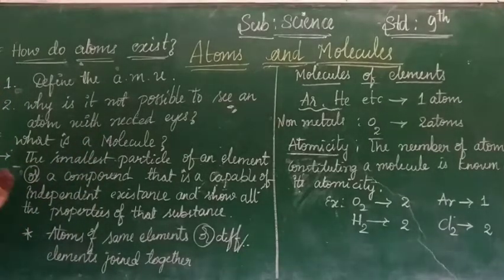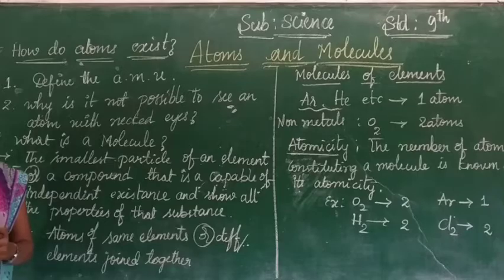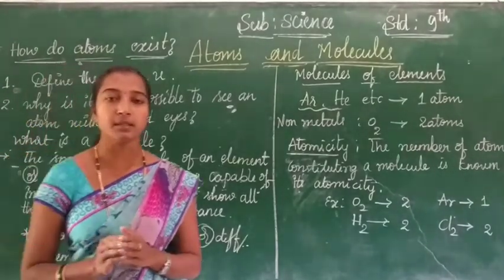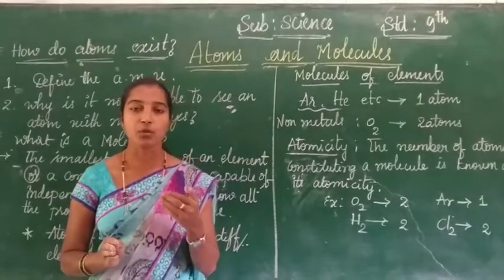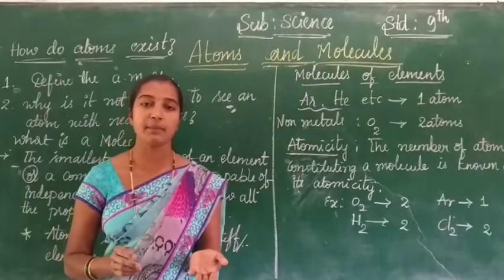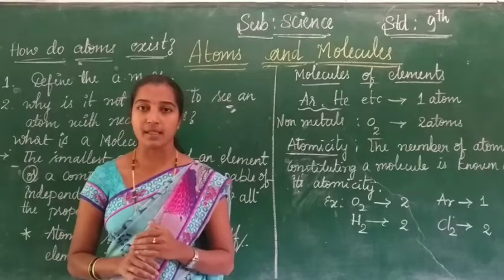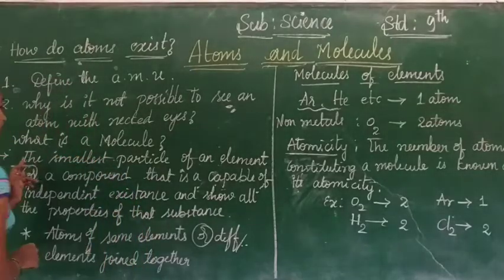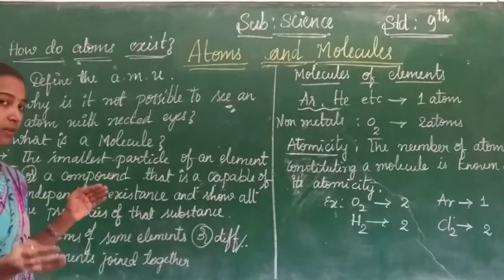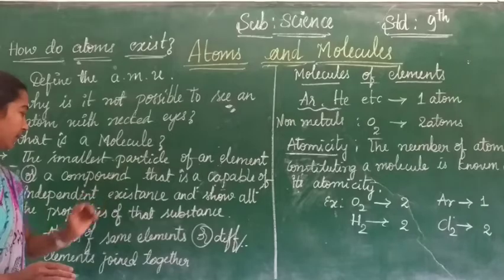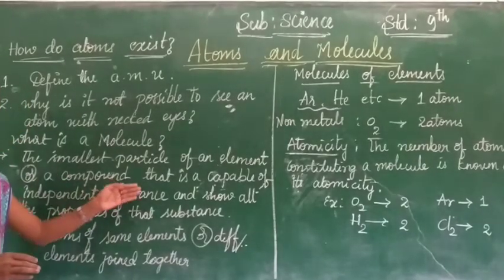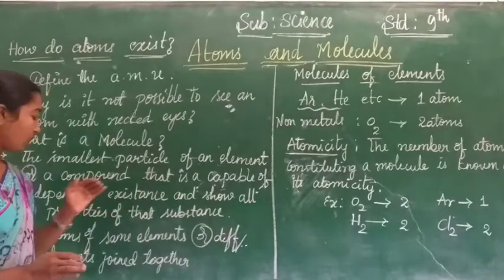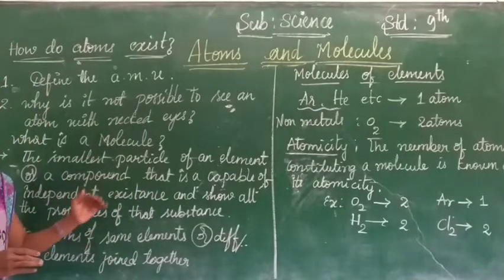Now let's see what a molecule is. In general, a molecule is formed by the combination of two or more atoms of the same element or different elements. A molecule is defined as the smallest particle of an element or a compound that is capable of independent existence and shows all the properties of that substance.